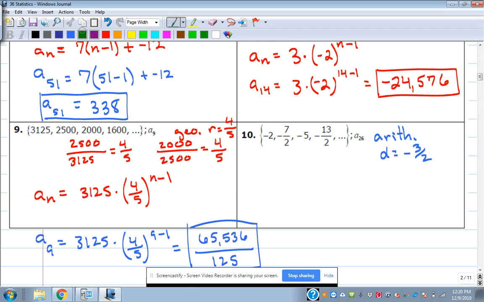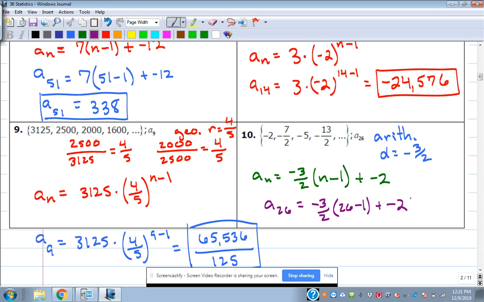Let's write the formula. Common difference times n minus 1 plus the first term. Always going to be that way. Doesn't change. Okay. Then we're finding the 26th term of that sequence. So a sub 26, and work that out.